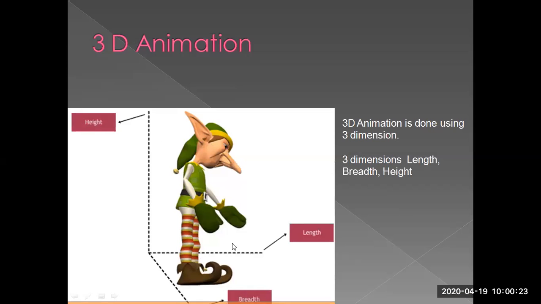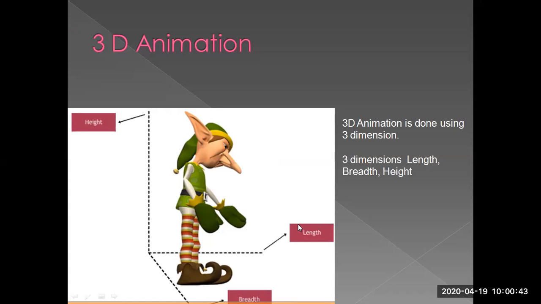3D animation. In 3D animation we use one more dimension. So 3D animation is done using three dimensions. These three dimensions are height, length, and breadth.